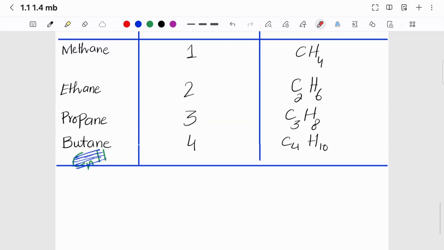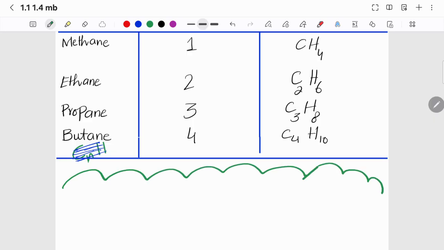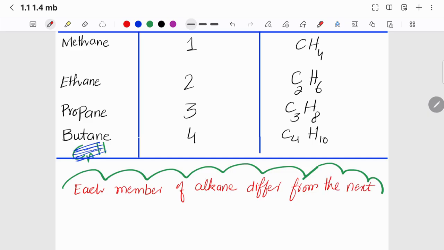Now, one important thing that you can deduce from this molecular formula list is that each member of alkane differs from the next by CH2 units, that is also called 14 units.